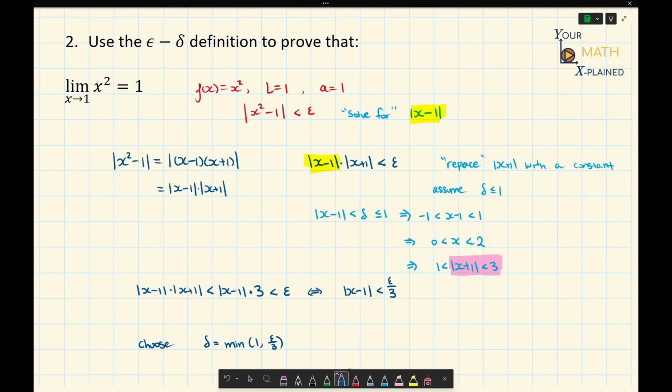So by choosing this delta, we have guaranteed that the absolute value of x minus 1 less than delta implies the absolute value of our function f of x, which is x squared, minus the L value, which is 1, must be less than epsilon. And thus, the limit has been proven.